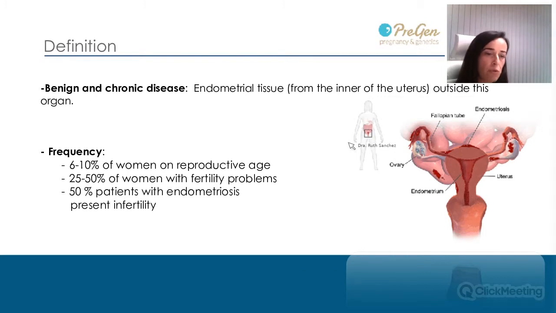If we talk about women with fertility problems, we have between 25 and 50%. And we have to know that almost half of the women with endometriosis will present infertility at any time of their life.